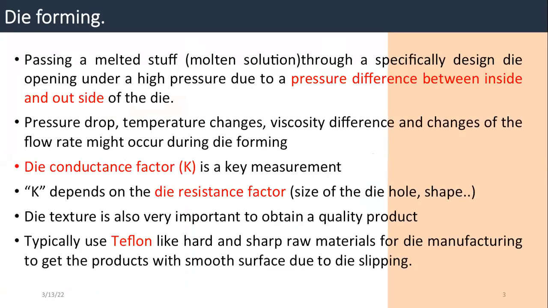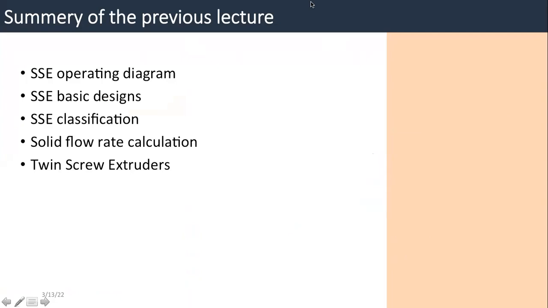So we discussed factors: channel depth, root diameter, pressure, shear, groove, whether it is a grooved barrel or not. And if it is a grooved one, there are different grooving methods, grooving designs.